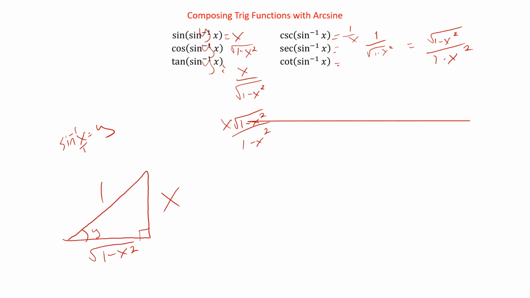And then cotangent we would flip, so we'd have the square root of 1 minus x squared over x. So you can do a composite by making a triangle, labeling the triangle, and then from there you have all of the same trig functions that you have had.